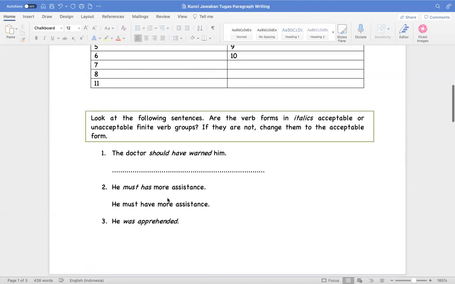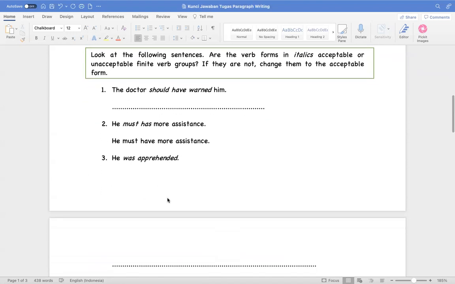Okay. And then the next one, we must take a look at some sentences that might have grammatical errors in the finite verbs. So let's check. Number 1: the doctor should have warned him.